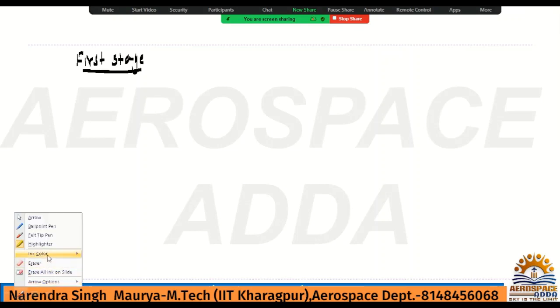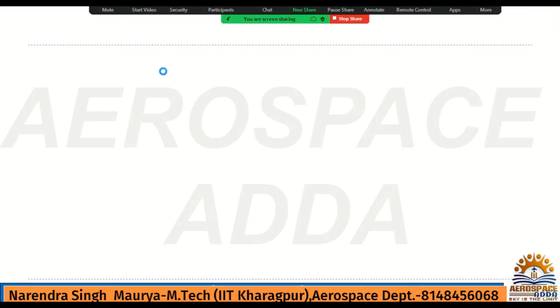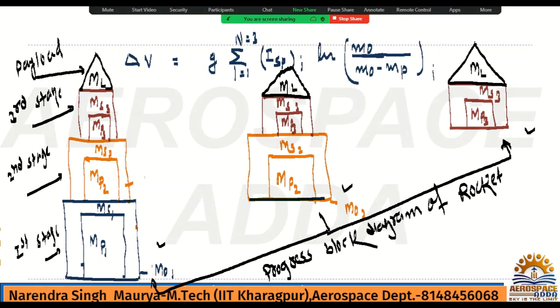Since the payload is carried at the top of the third stage into orbit, the total mass of the first stage is m01 as per the diagram. Everything will be based on the diagram: m0, mp1, ms1, mp2, ms2, mp3, ms3, ml. Based on this diagram only, I am going to write and solve the numerical. So this is m02, and this is m03. I have not written m03, anyway.